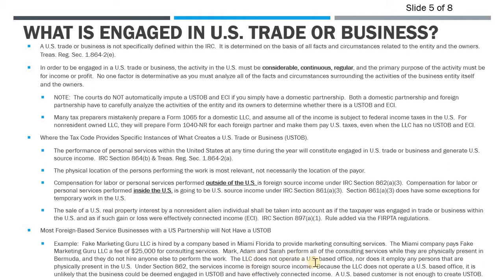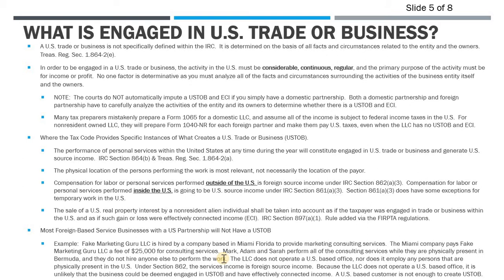Right? So the LLC, again, doesn't have a U.S. office. It doesn't employ any persons in the United States. So under Section 862, the services income, the work that Mark, Adam, and Sarah are doing, is going to be foreign source income. And because the LLC doesn't have any U.S.-based offices, it's unlikely that that level of activity is going to create a USTOB or any ECI.